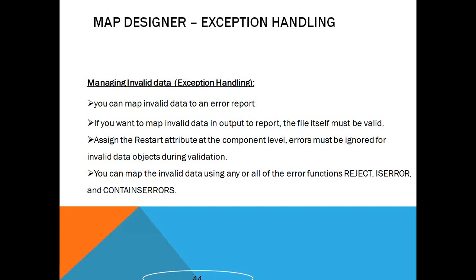You can extract only the error records to a separate file, and you can process the valid records. So this is exception handling using the restart attribute and the error handling functions reject, is error, contains error. Using these functions, you can extract the error records and create the error report.